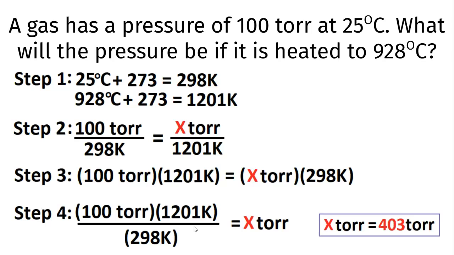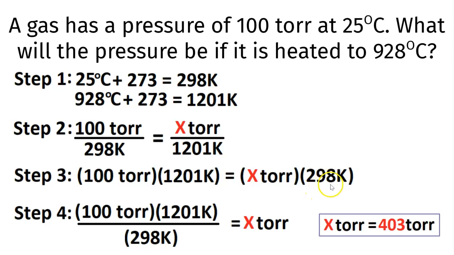For step 2, we plug in our P1, or our pressure 1, which is 100 torr, over T1, which is 298 K, equals, we don't know our pressure 2, so there's our X, over T2, which is 1201 Kelvin. Just like before, we solve for our X by cross multiplying. So 100 times 1201 equals X times 298.